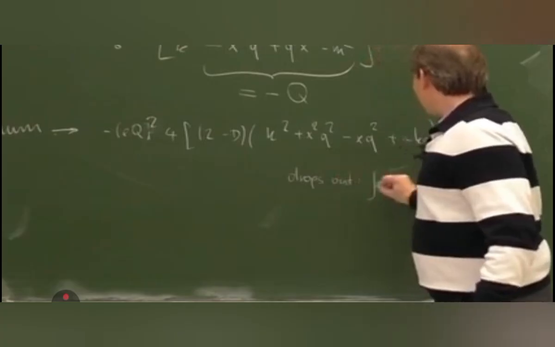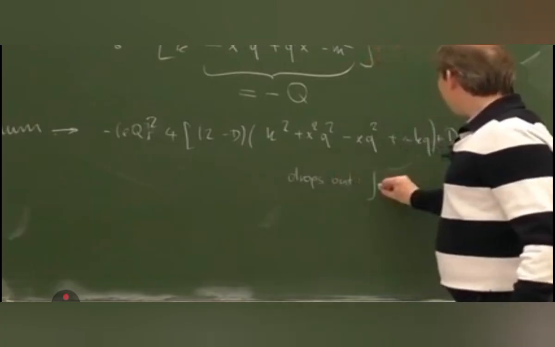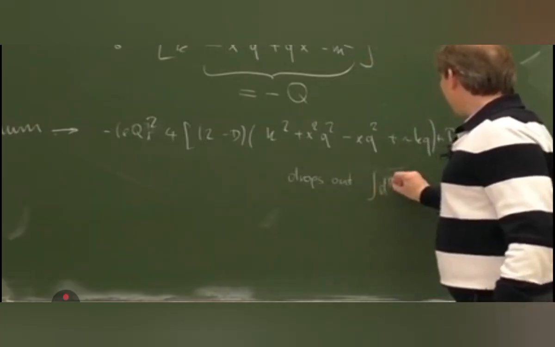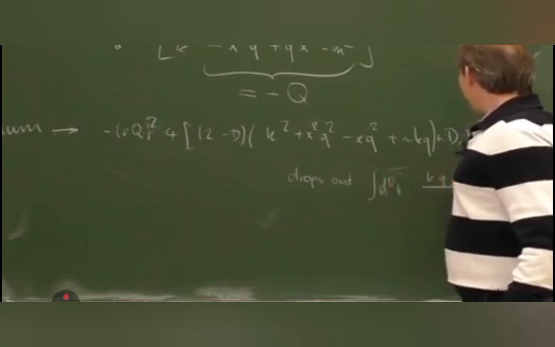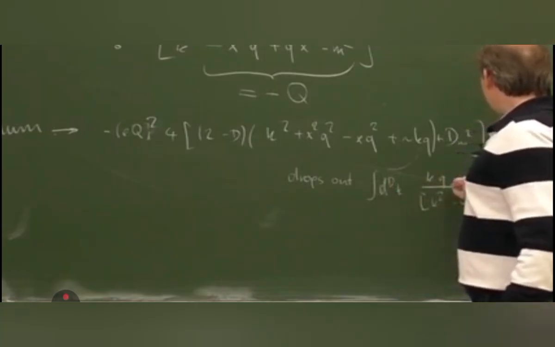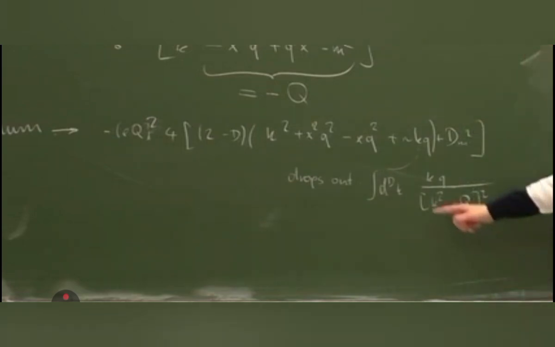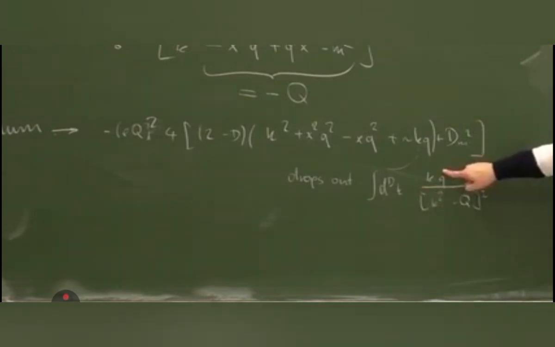They would appear as follows: the integral over k with a numerator k dot q divided by k square minus q square in the denominator. So we have an odd integrand. The numerator is odd in the integration variable, the denominator is even, and we integrate over all of space-time.